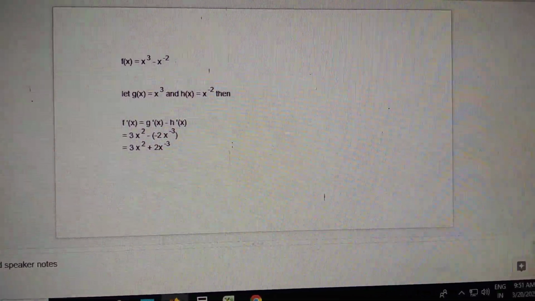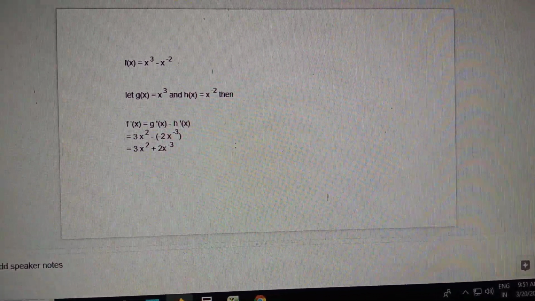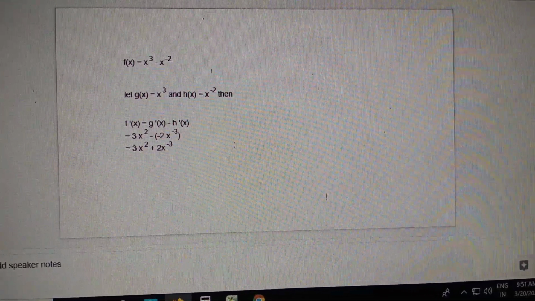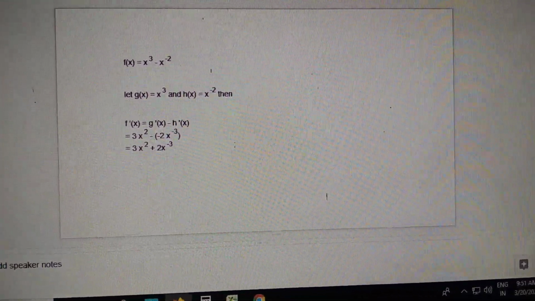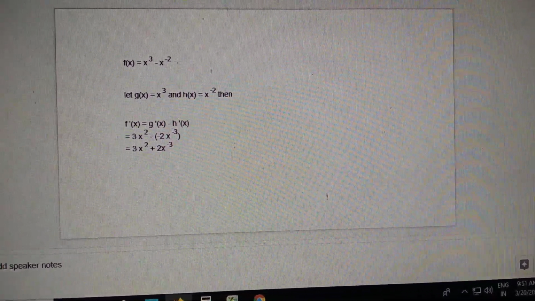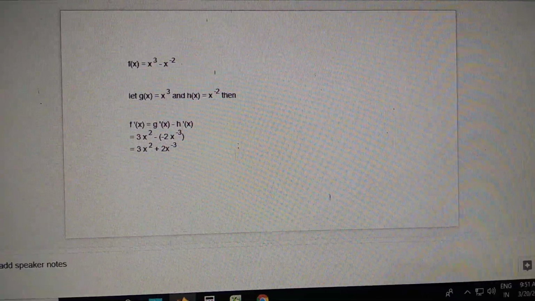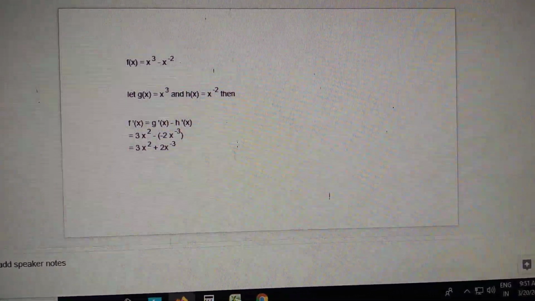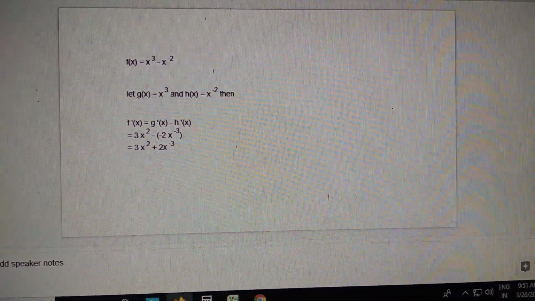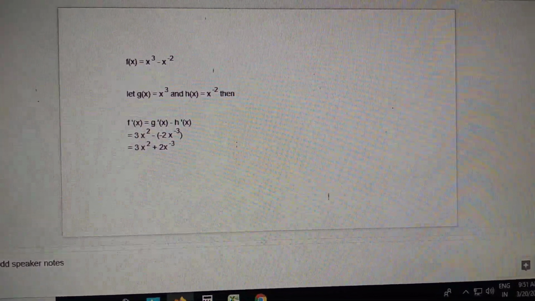Suppose we have f(x) equal to x raised to 3 minus x raised to minus 2. Here it is clear that f is a difference of two functions, g(x), that is x raised to cube, and h(x), that is x raised to minus 2.